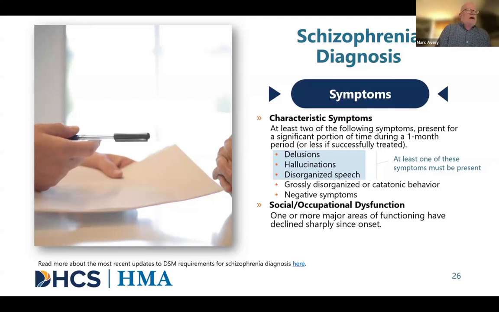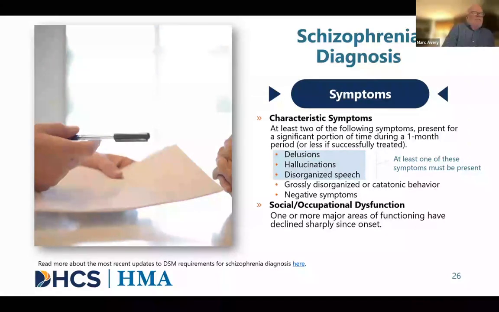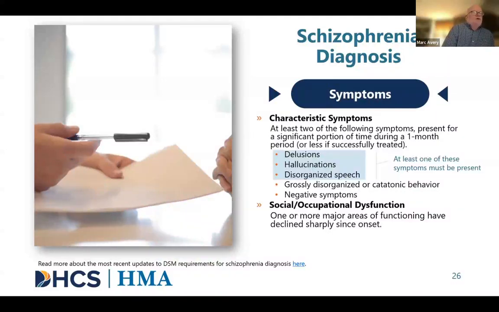The DSM-5 outlines the following symptoms that are part of the diagnostic criteria. Those include delusions, hallucinations, disorganized speech, grossly disorganized or catatonic behavior, or negative symptoms. At least 2 of those 5 symptoms must be present during a significant portion of time during a 1-month period, or less if successfully treated.